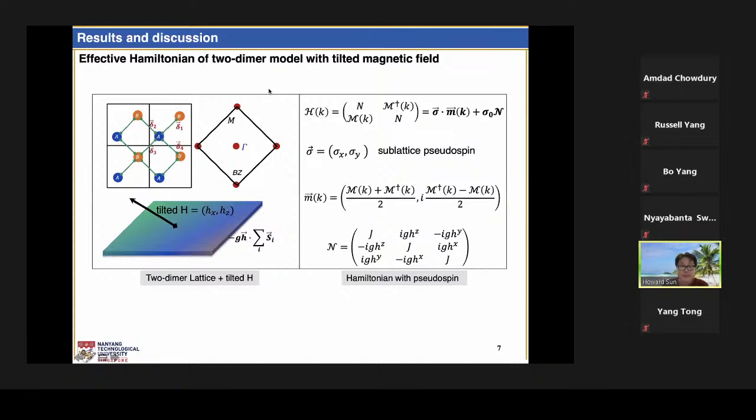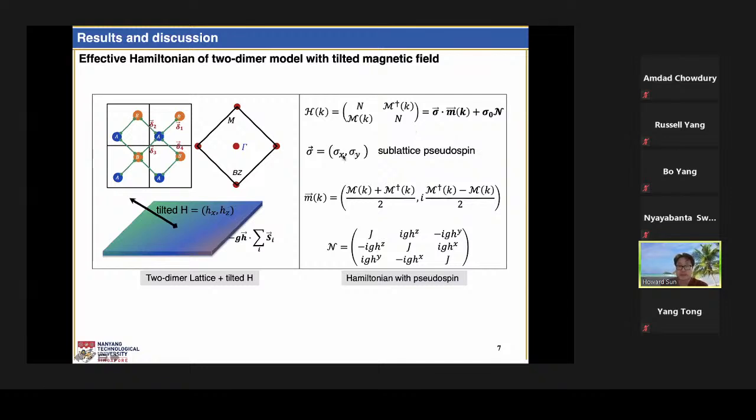We started from the two dimer lattice model in this more general case. We put the model into a 2D magnetic field with both in-plane and out-of-plane components. Basically, the Hamiltonian of this system can be written in this way, in a more compact form.